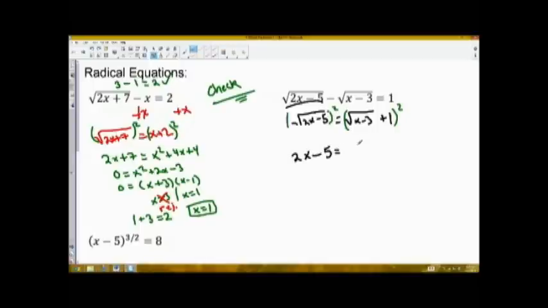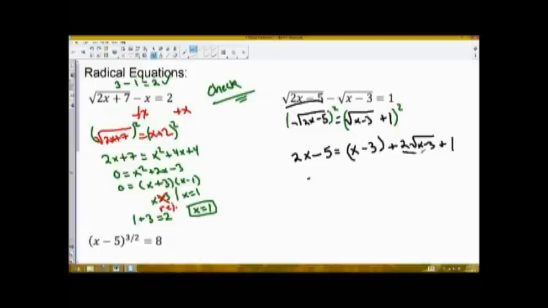And over here I have to FOIL, and you can either write it as two factors and FOIL, or you can use the perfect square pattern, which is what I'm going to do. I'll have my first term squared, the square root squared cancel out, so it'll be x minus 3 plus 2 times the product of the two terms, which is square root of x minus 3, and then plus last term squared is 1. So I'm going to combine all my like terms.